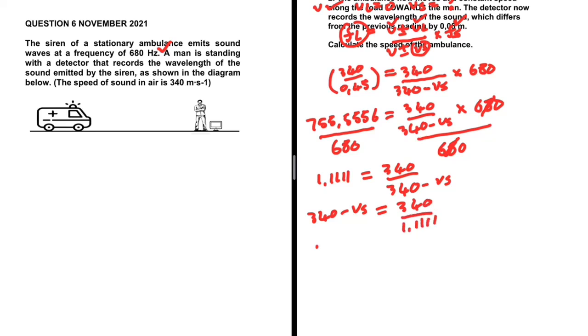So I'm getting 340 minus Vs being equal to 306. So minus Vs will be 306 minus 340, which is minus 34. If we divide both sides by minus 1, Vs should be equal to 34 meters per second.